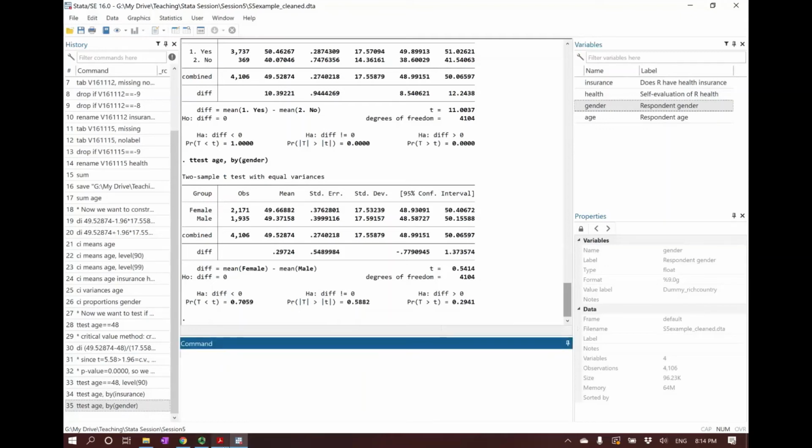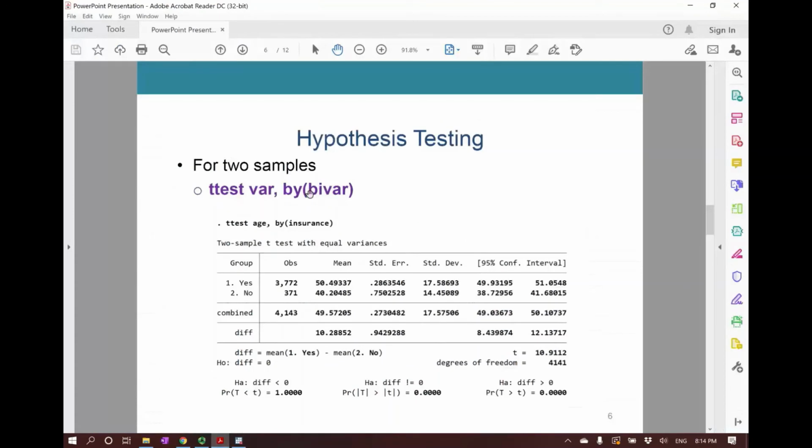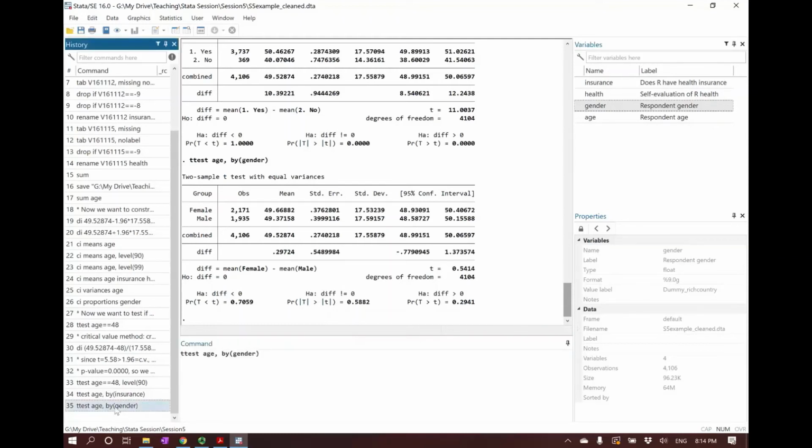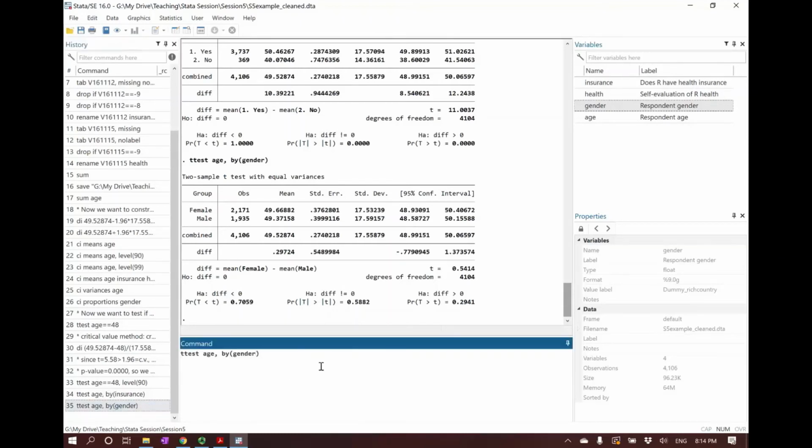So again, it's very important to notice that we do have to have a binary variable in the parentheses. For example, we have health, which takes a value from 1 to 5 categories. If you want to test the age across different self-evaluated health status, you're going to get an error message.